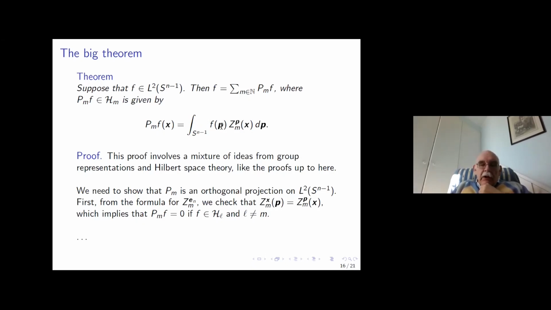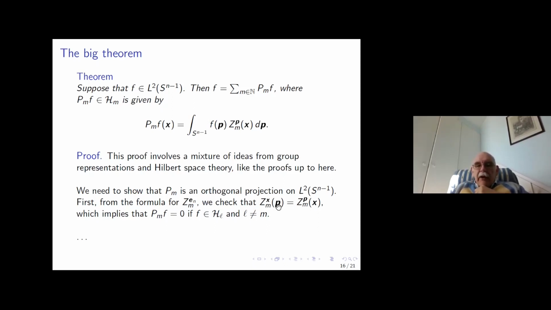And the proof involves a mixture of ideas from group representations and Hilbert spaces, which is like the proof up here. So first we have to check really that this is an orthogonal projection. Well, if we know that this is an orthogonal projection, then everything else is going to work out okay. So from the formula for the zonal spherical function, we can check that Z_m(x,p) is Z_m(p,x).